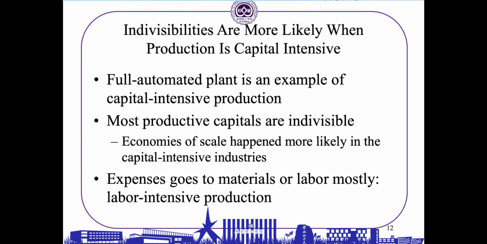So, indivisibility is more likely to happen when the production process is capital intensive. On the other hand, when most production expenses go to materials and labor forces, the production is material or labor intensive. Because materials and labor forces are divisible, the average cost in labor-intensive industries mostly exhibits constant returns to scale, a horizontal line of average cost.